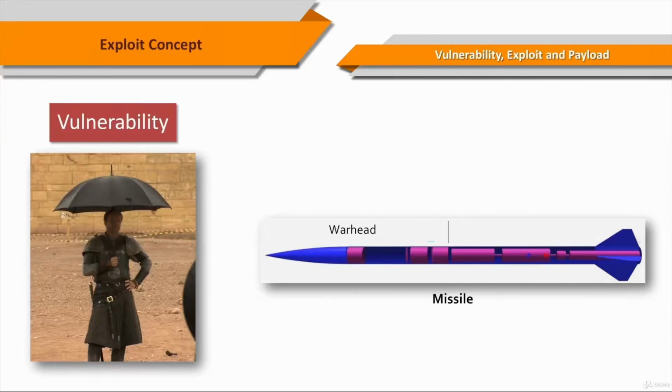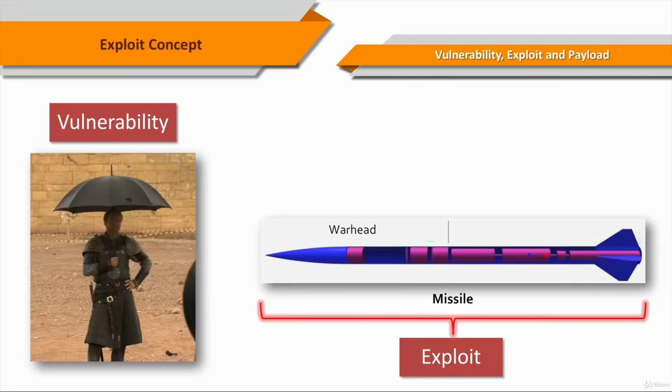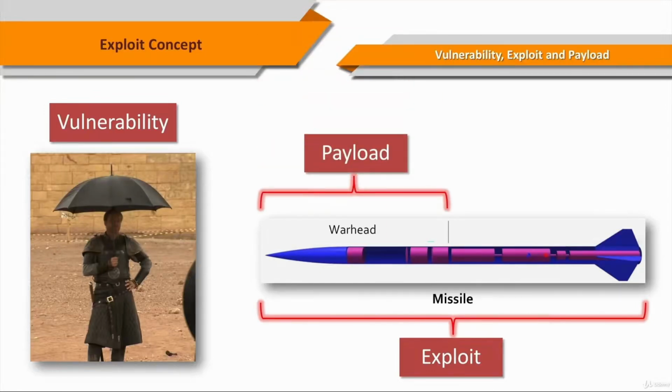Well, I think the vulnerability is obvious. An umbrella wouldn't be enough to protect a guy, right? The missile has a rocket, fuel, everything else, and then it has a warhead on top that does the actual damage. So the missile is the delivery system, and that's the exploit. The warhead is the payload that actually does something to the target.